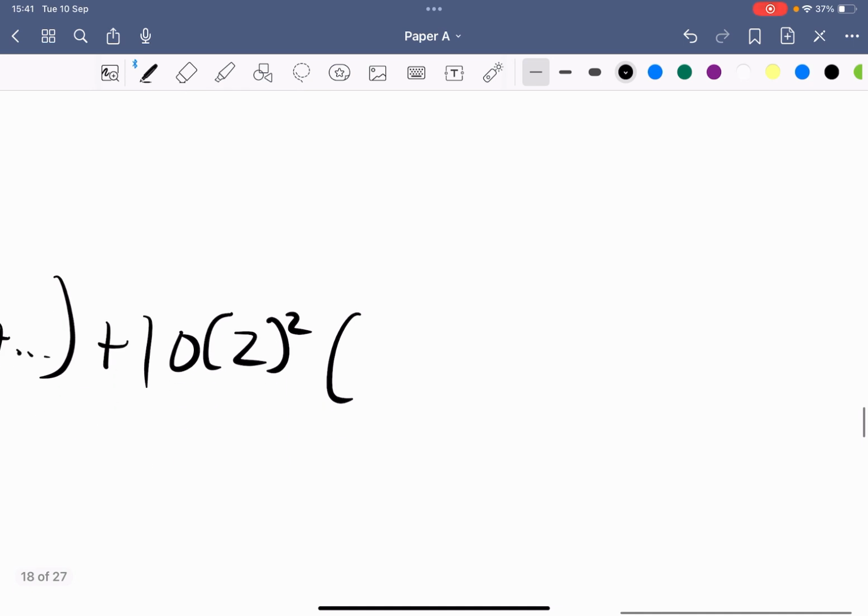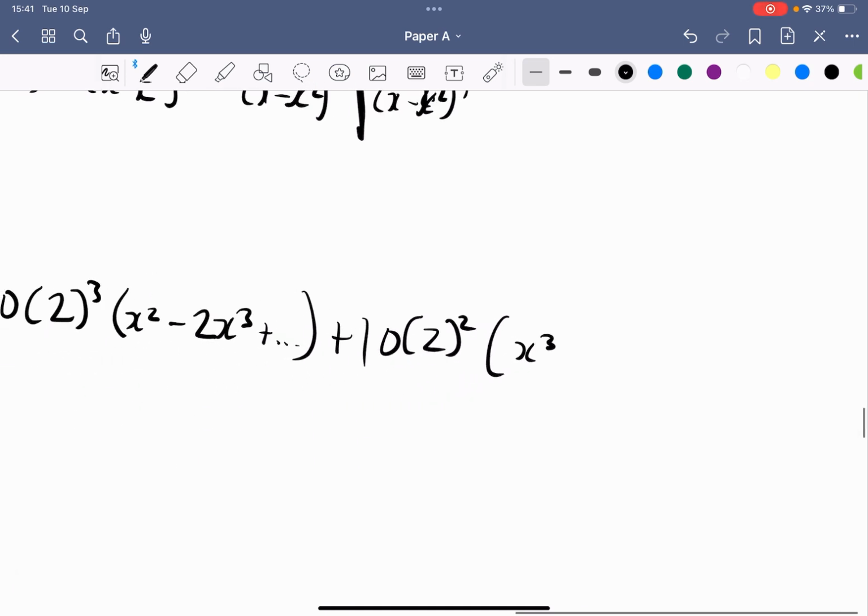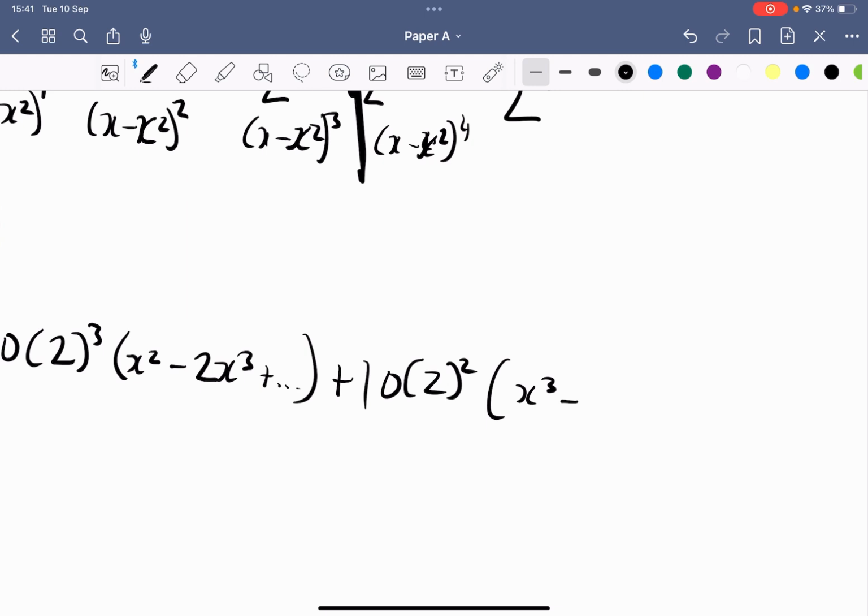So we'd get x cubed minus 3... Actually, to make this simpler, I'm going to rewrite this as x cubed times (1 minus x) cubed.